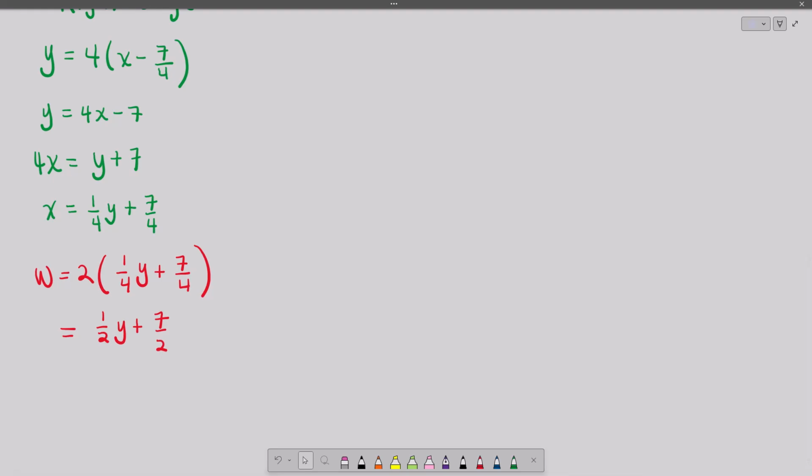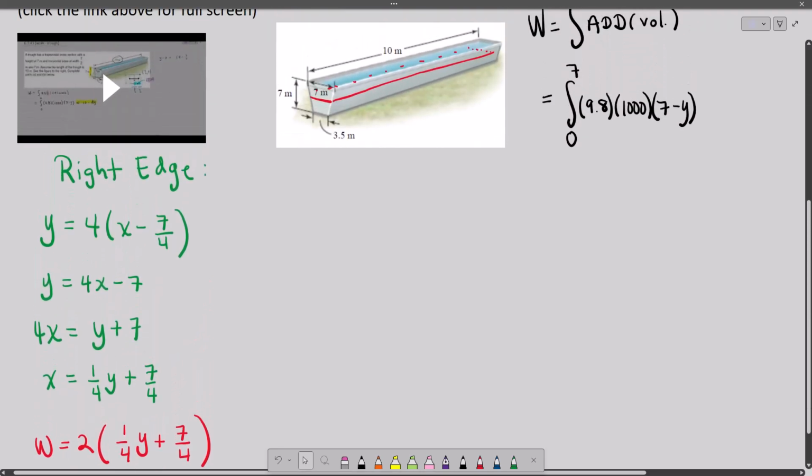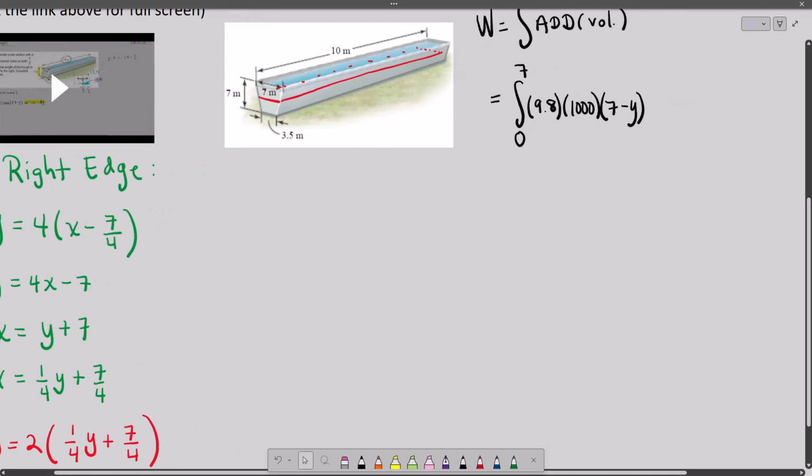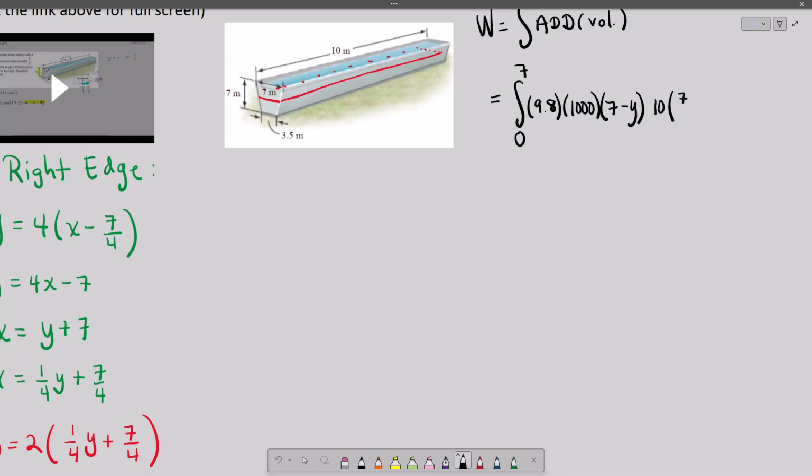Plug in a 7, you get 7/2 plus 7/2, which is 14/2, which is 7, which is in fact the distance all the way across the top. So it all matches. So in here then, we are going to have 10 multiplied by W, which is 7/2 Y plus 7/2, and then multiply by dy to get volume.